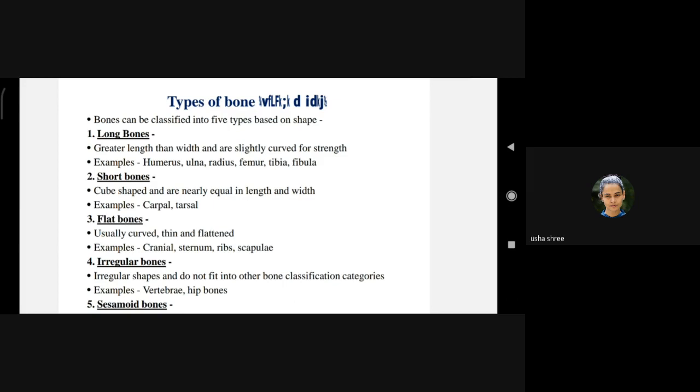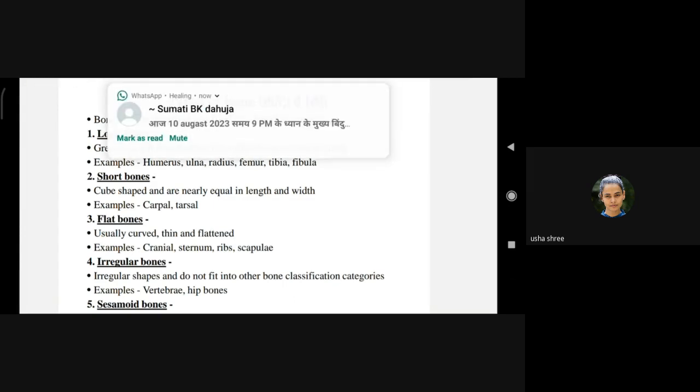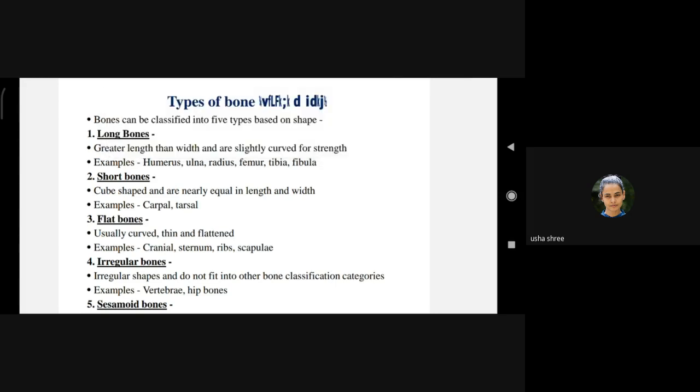Means they are longer in comparison to width. For bearing the strength, they are slightly curved, not very straight, a little bit curved only. For example, humerus.